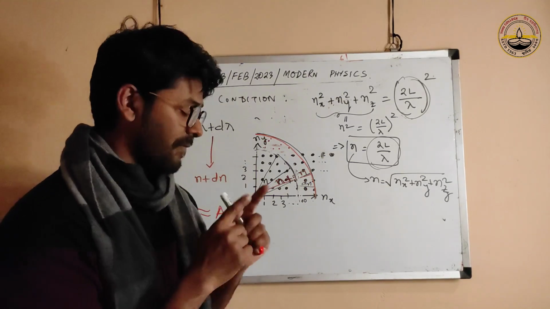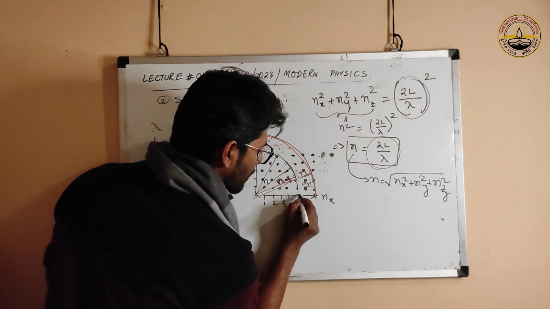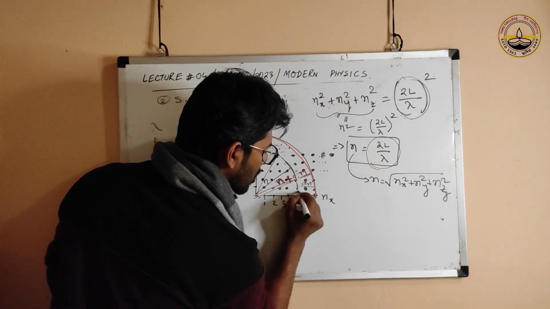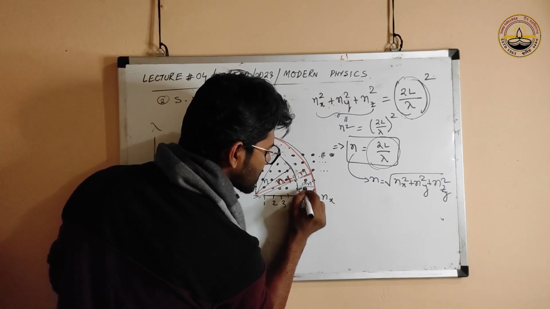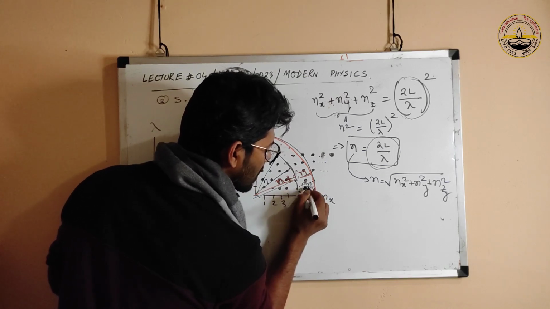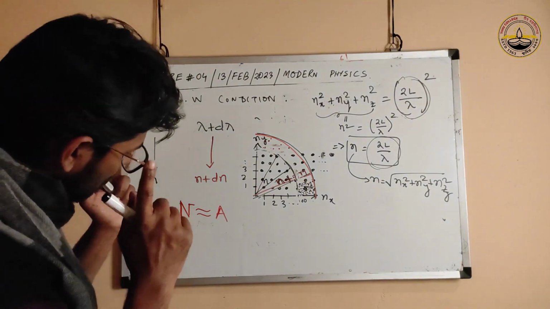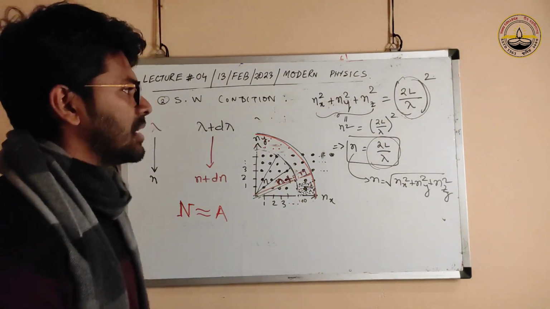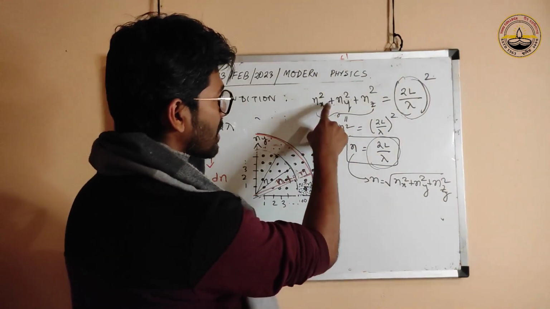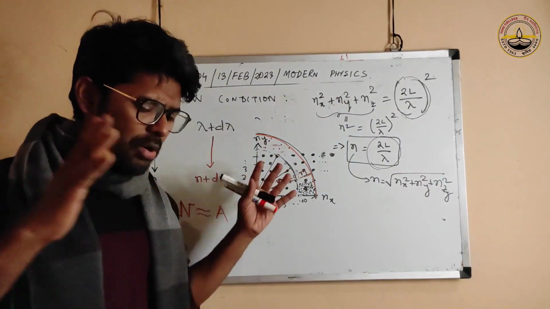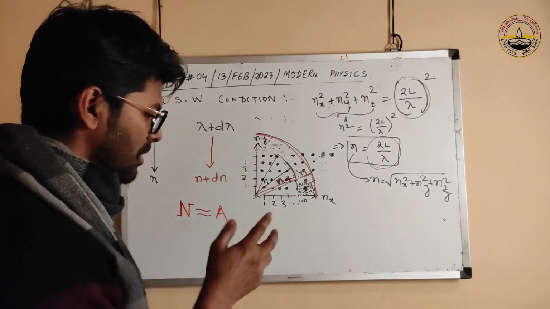If these points were really close to each other, very dense, then this would be true. And just remember that this happens when these nx, ny, and nz are large numbers, thousands and thousands, maybe millions.